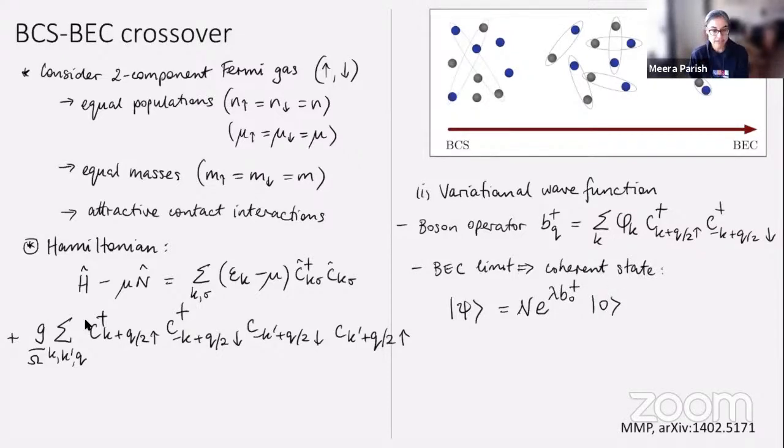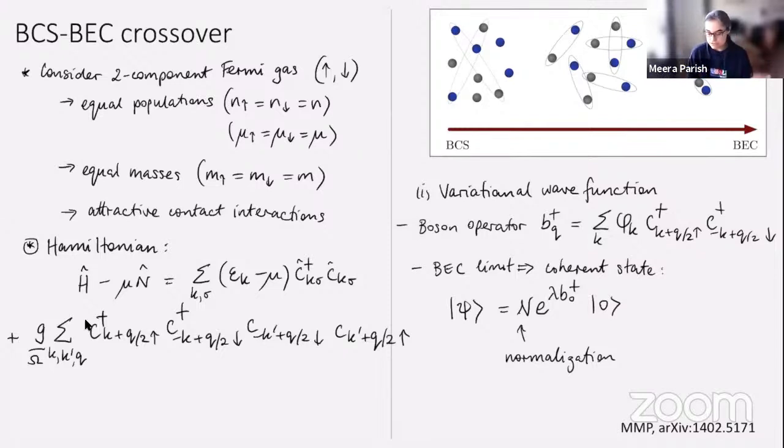I have some kind of normalization factor here, and then I have my coherent state of bosons. This is just a convenient way of writing down my condensed state, with the bosons all condensing into momentum zero.